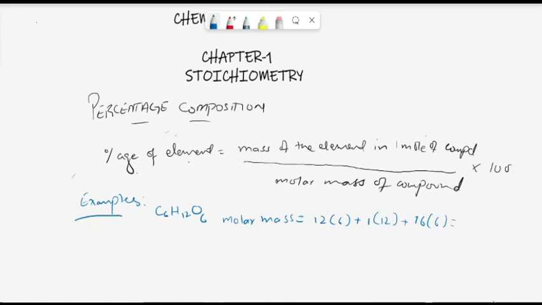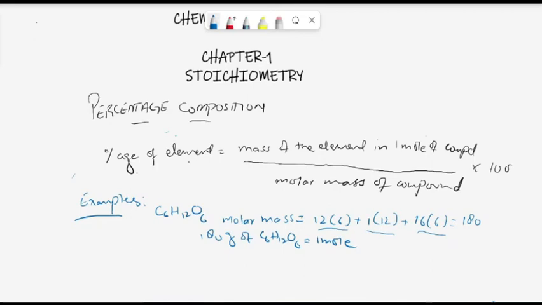And this is equal to 180. So 180 grams of glucose is equal to 1 mole, and 180 grams of glucose will have 72 grams of carbon, 12 grams of hydrogen, and 96 grams of oxygen.